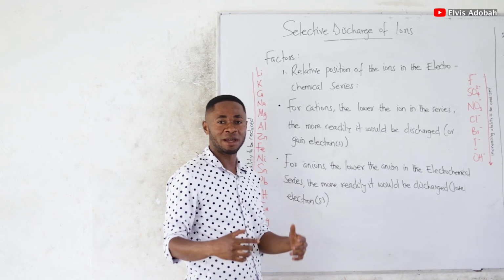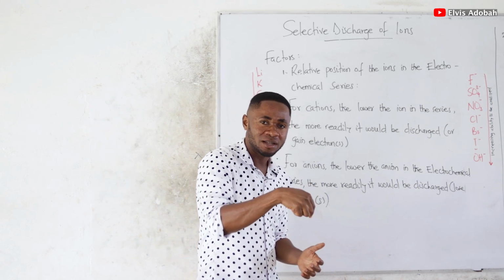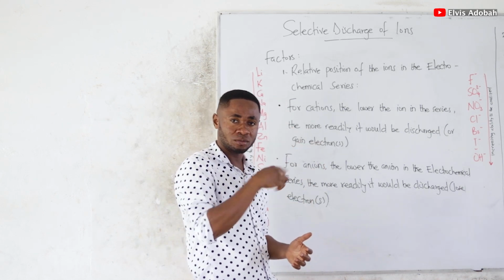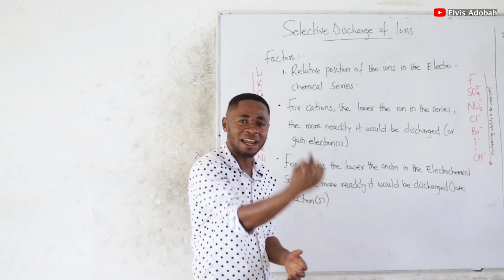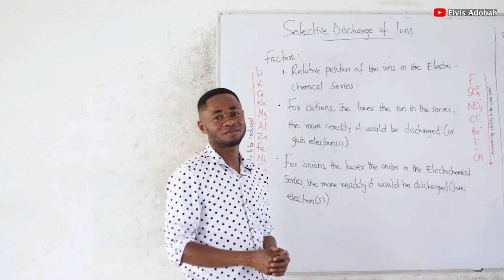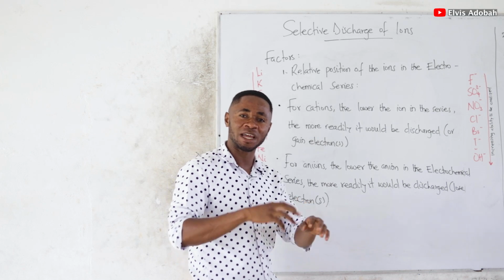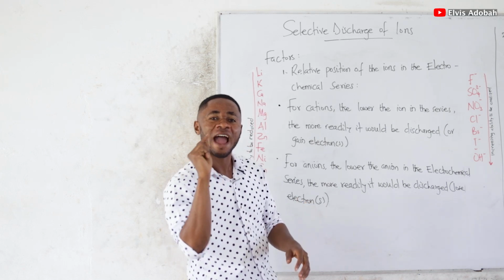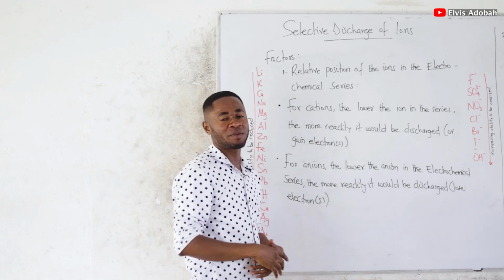That is why when we're talking about electrolysis, we said at the cathode, we have a metal gaining electron or electrons, or we have hydrogen ions gaining an electron or electrons. Because sometimes in the solution, the ion that is present with the hydrogen ion could be higher than hydrogen in the electrochemical series.